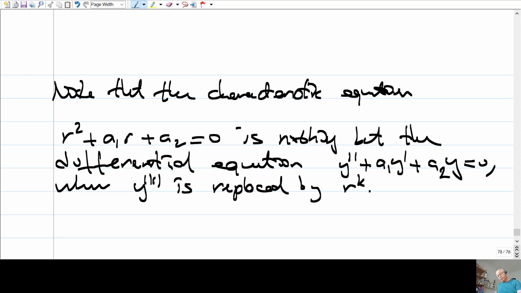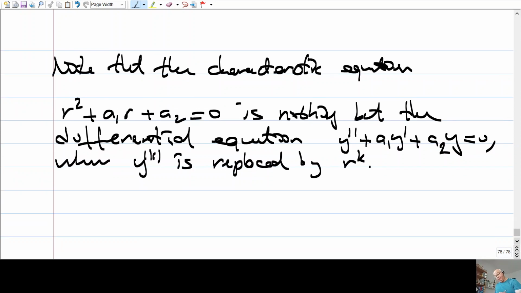So the characteristic equation of the system is just the polynomial obtained by replacing derivatives of y with powers of r. Okay, kth derivative is replaced by kth power, and we will see that actually this is not something special to second order equations, but this is true in general.